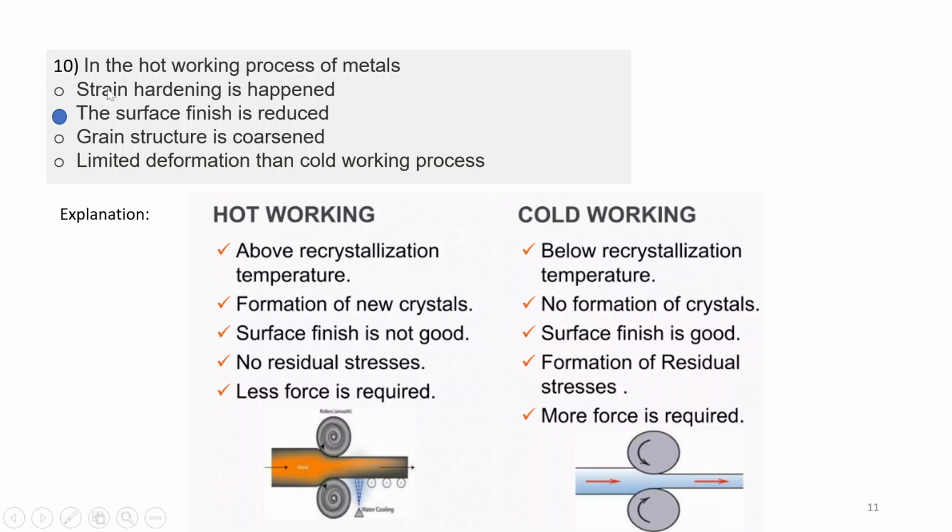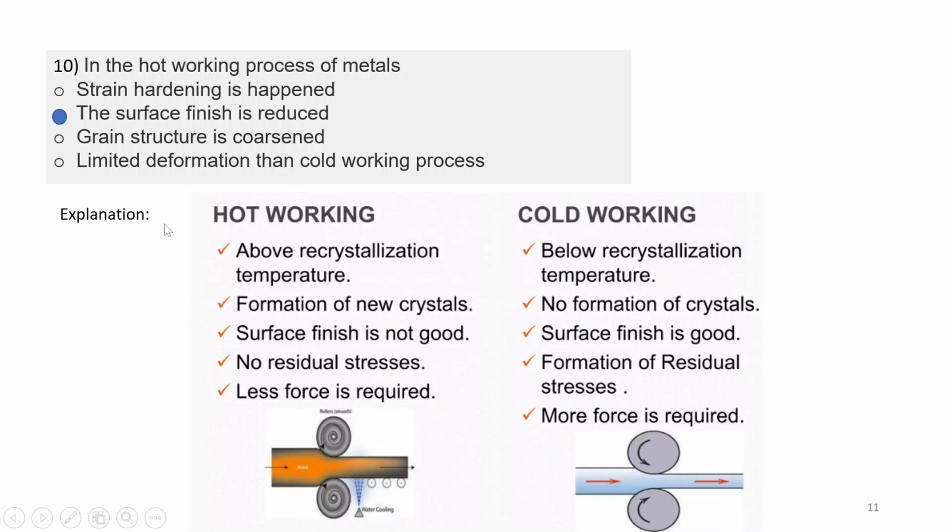In hot working, you don't see much strain hardening because there is annihilation of dislocations at high temperature, and grain structure is also refined because of dynamic recrystallization. Deformation is also higher compared to cold working because your material becomes more ductile compared to cold conditions. And these are the comparisons given as well.